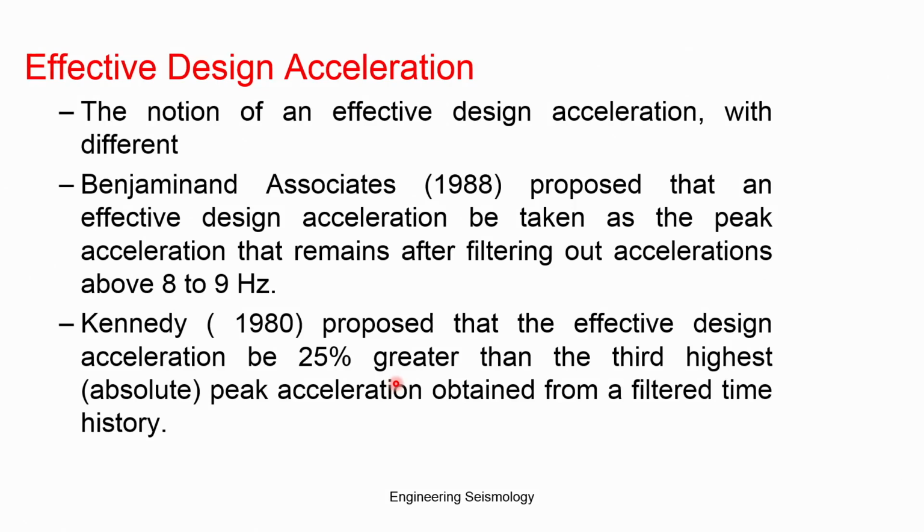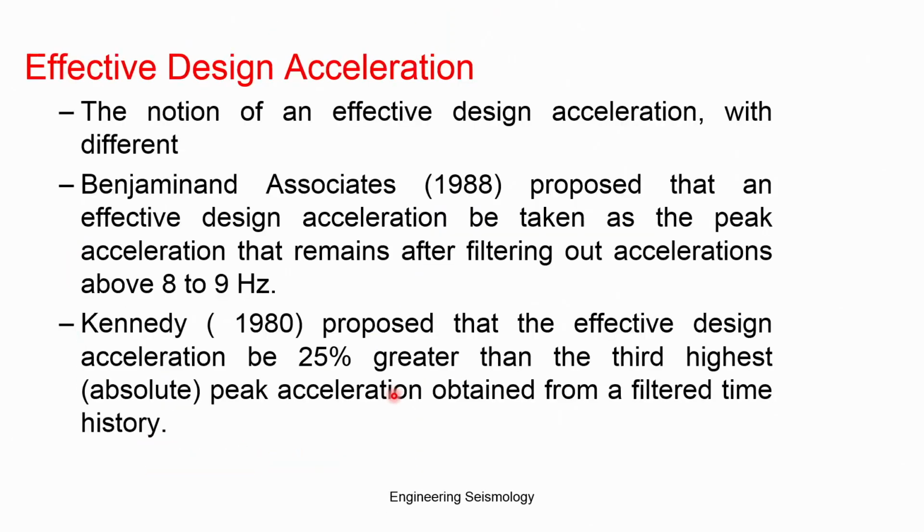So, you can take the data and filter it through this range of frequency, then take that acceleration as the effective one. Kennedy in 1980 proposed that the effective design acceleration be 25% greater than the third highest absolute peak acceleration obtained from the filtered time history. So, this will be like our sustained time history, and above 25% can be taken as the effective design acceleration.